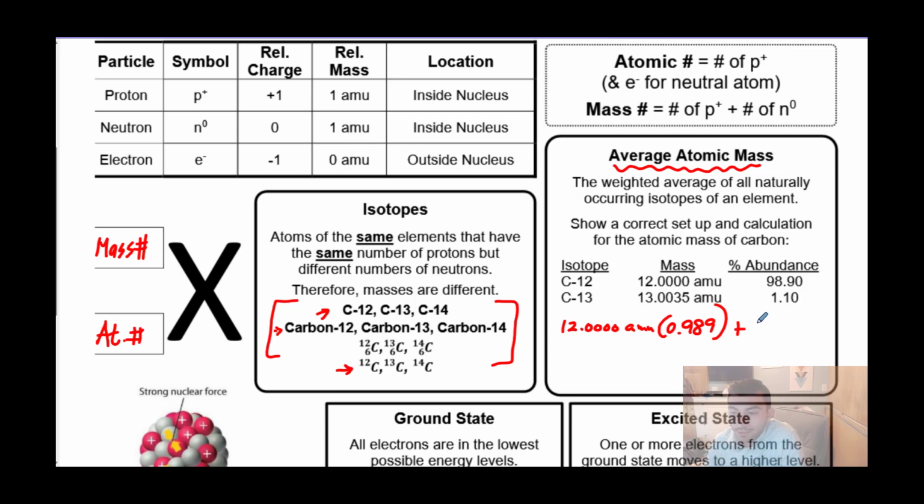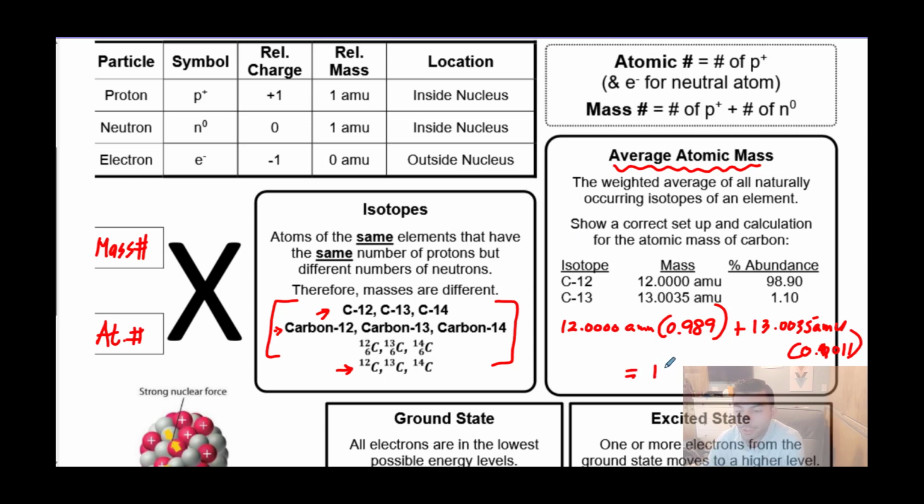So we take the mass, multiply it by the percent abundance. We do that with each of the isotopes. And then that will give us our average atomic mass. And if we calculate here, hold on, get rid of one of those zeros there.